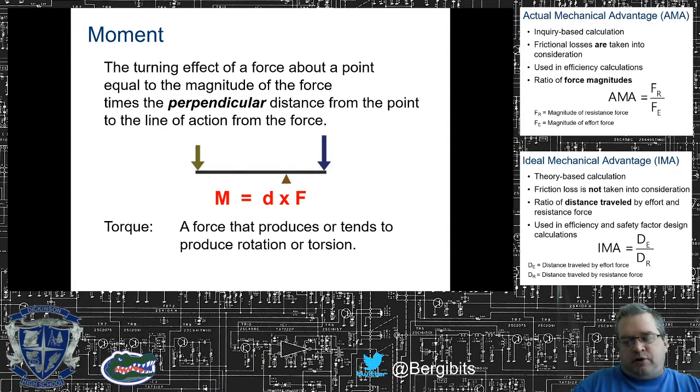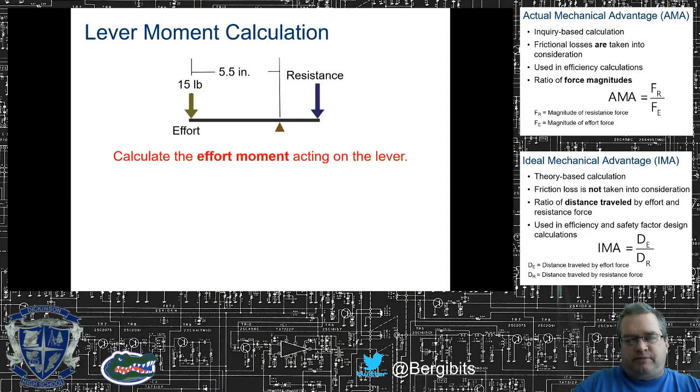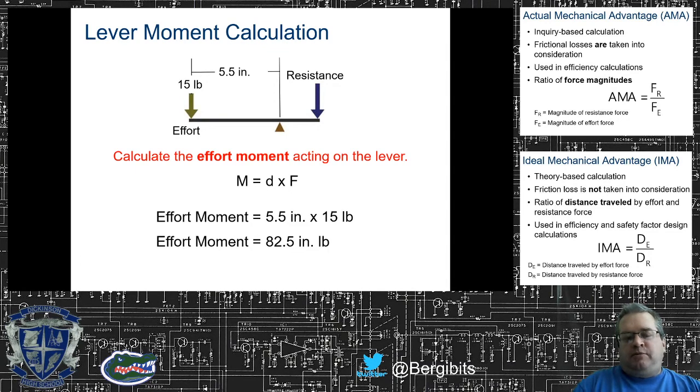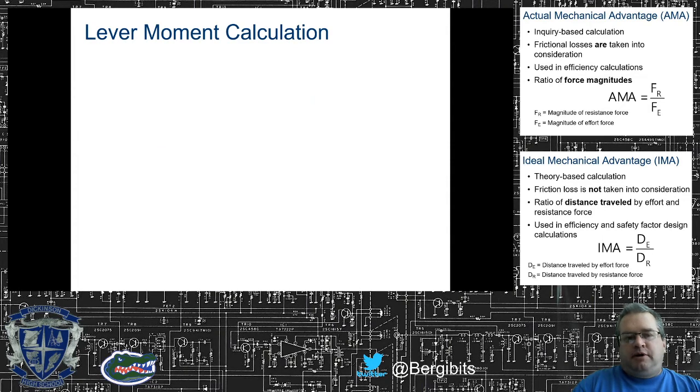So we're going to produce torque around that fulcrum with the distance of resistance pushing counterclockwise and clockwise. Lever moment calculation: we're going to calculate the effort moment, which is the left-hand side. Distance times force is 5.5 inches times 15 pounds, which equals 82.5 inch-pounds. We keep both units of measurement.